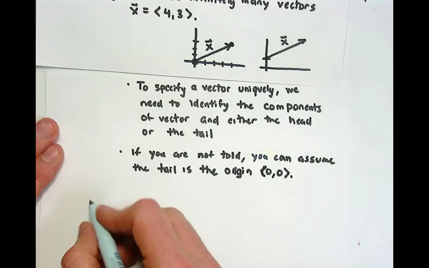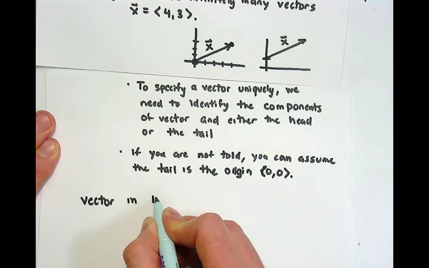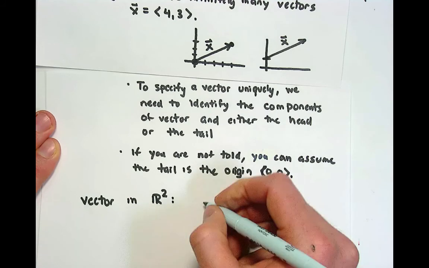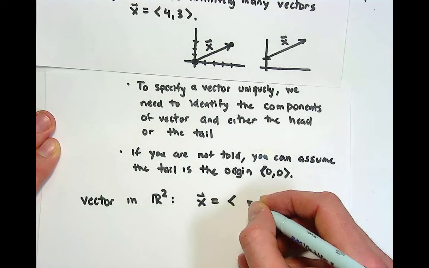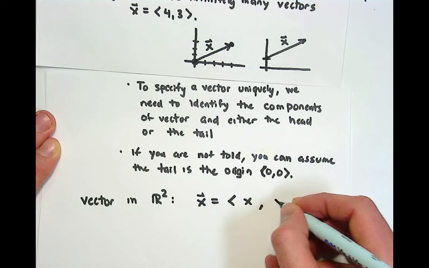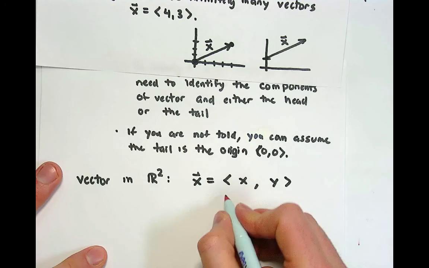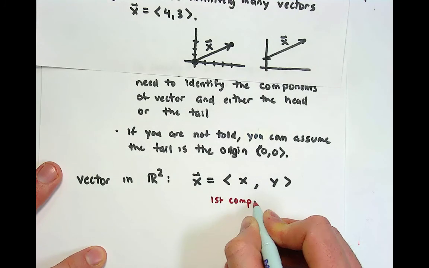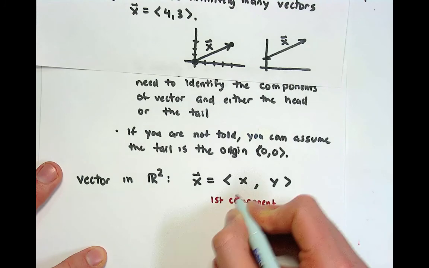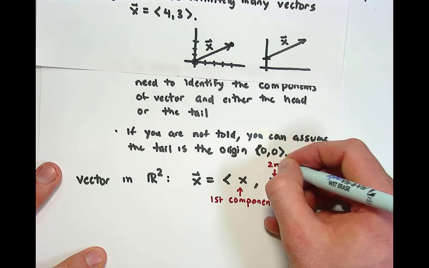All right. So a quick review of vectors. If you have a vector in R2, perhaps you call this thing x. And we'll say that x has two values. This is what we're going to call the first component. We do not call it a coordinate. Coordinates are reserved for points, components for vectors. So this is going to be called the second component.